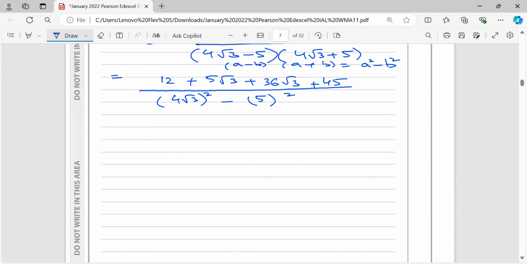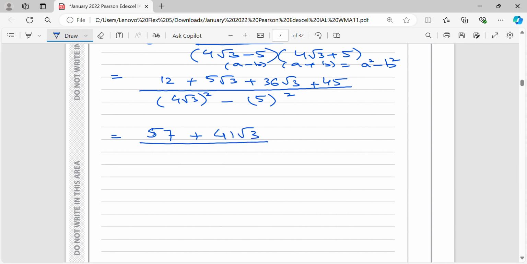Collect like terms. In the numerator, 12 plus 45 is 57, and 36 plus 5 is 41 root 3.